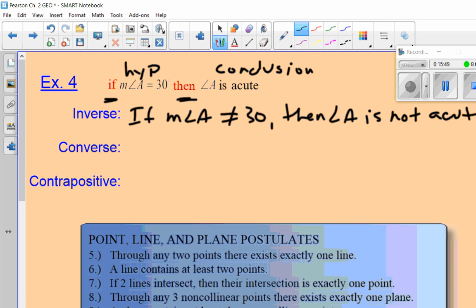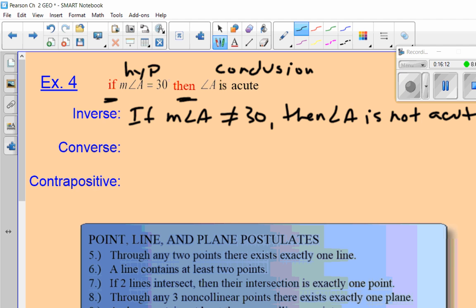I have to make sure that I negate both pieces, the hypothesis and the conclusion. Is that true or false? Well, if it's not 30, it could still be acute if it was like 27 degrees, or 88 degrees. That's still going to be acute.